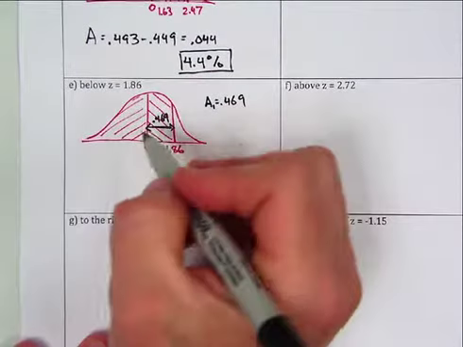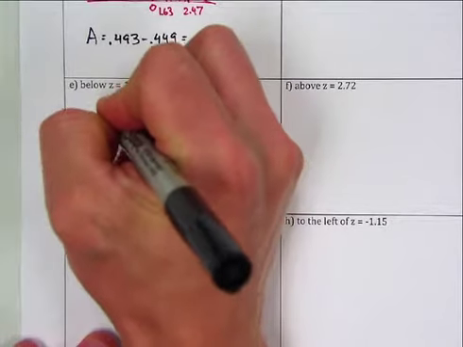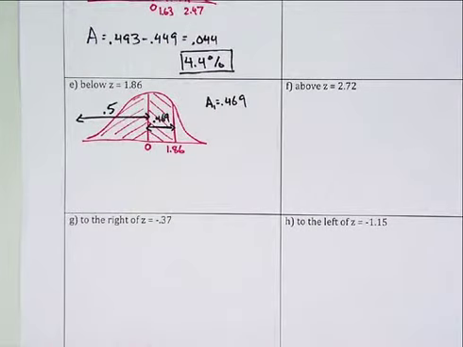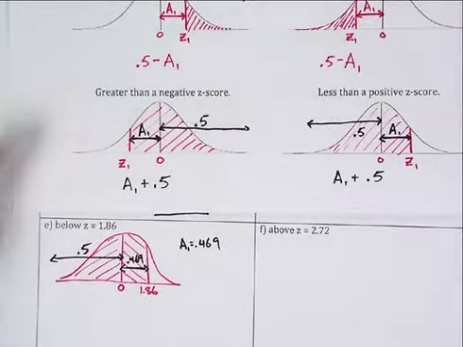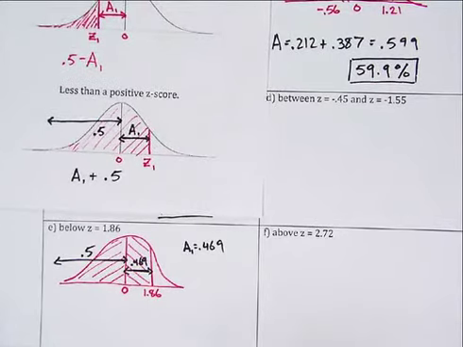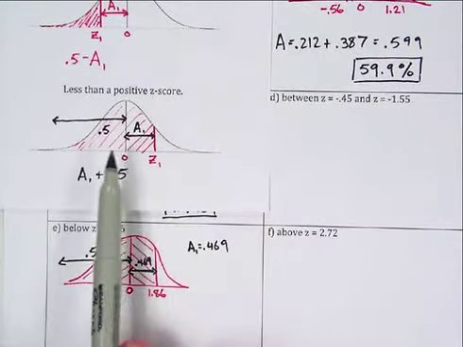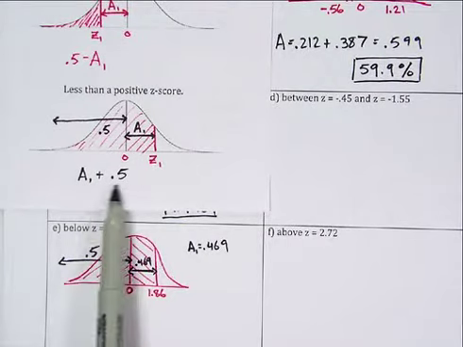Now, because we're looking for all of this area, we know that this is 0.5. And again, you can always return to this sheet right here and match it up with the right sketch. So this sketch is the same as less than a positive z-score. You can see what we have here is our area plus 0.5.